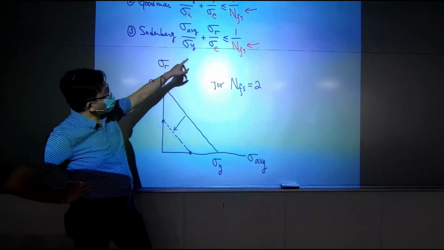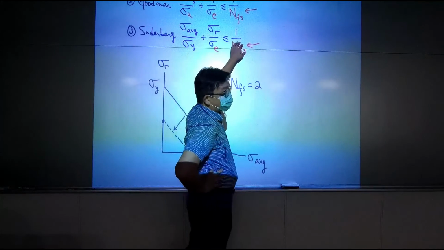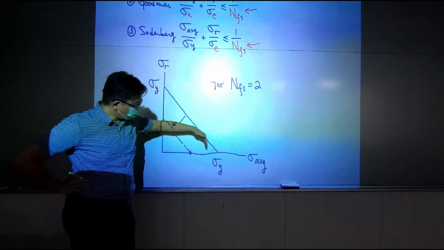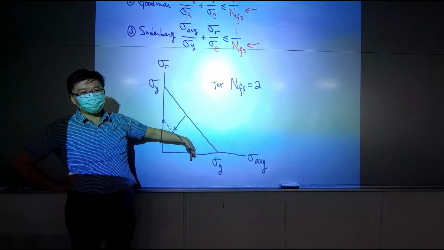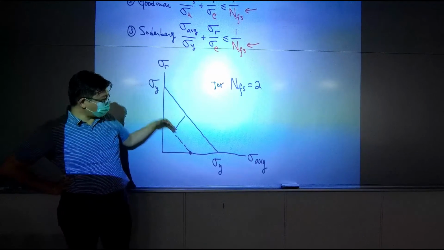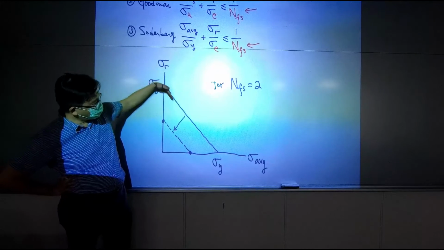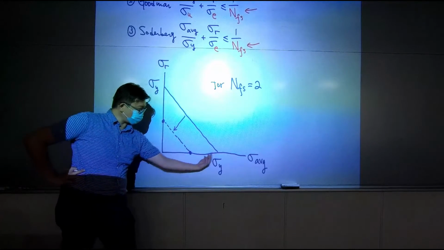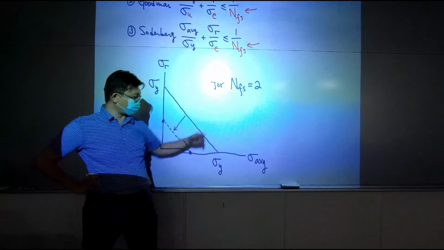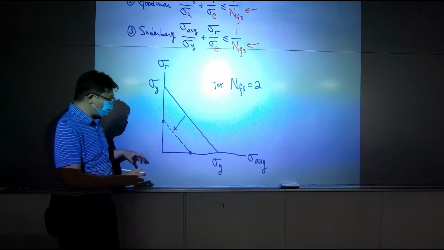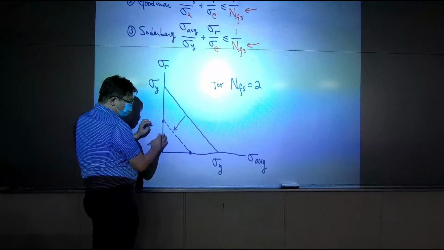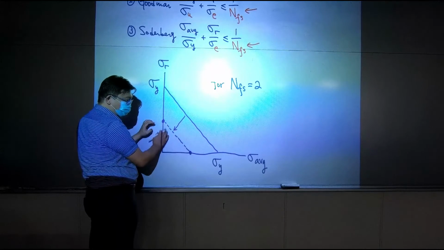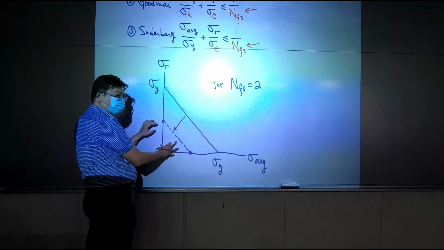So if you apply 2 on the right-hand side of your equation, you only allow half of your yield strength. That's why the design limit state reduced to half. This is only half if your safety factor is 2. So in this case, your design can only be placed inside this much smaller region. Okay?